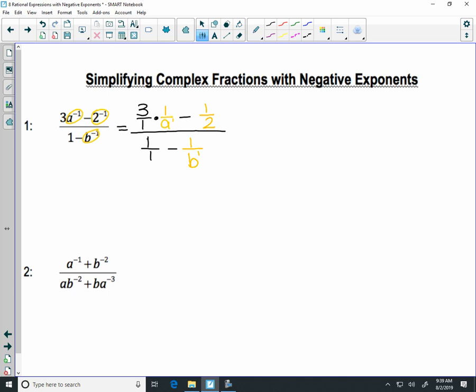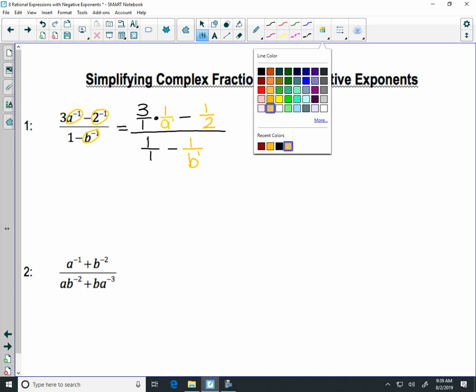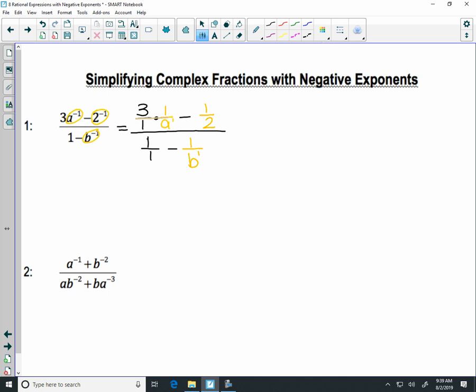And now you basically just made this into a complex fractions problem. The other thing I'm going to do here before I start making common denominators, this is one fraction here. So this is really 3 times 1 over 1 times a. And now we can make common denominators on top and bottom and simplify. So my numerator has an a and a 2 in the denominators.